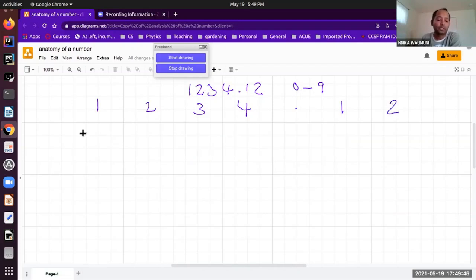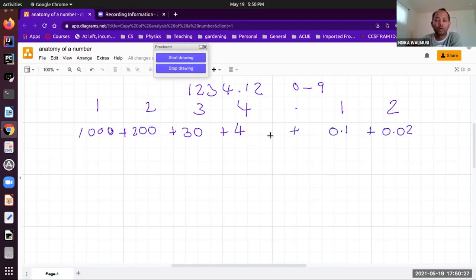Now I'm strategically going to write this same number as a summation, and you will see why soon. I'm going to write 1000 plus 200 plus 30 plus 4 plus 0.1 plus 0.02.